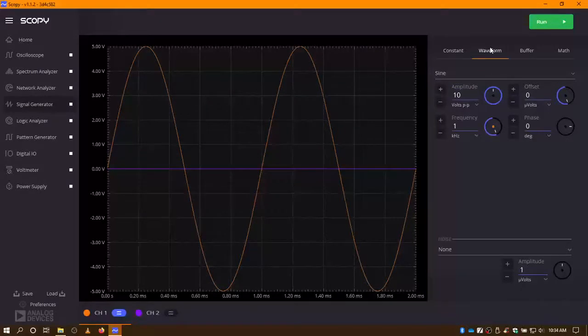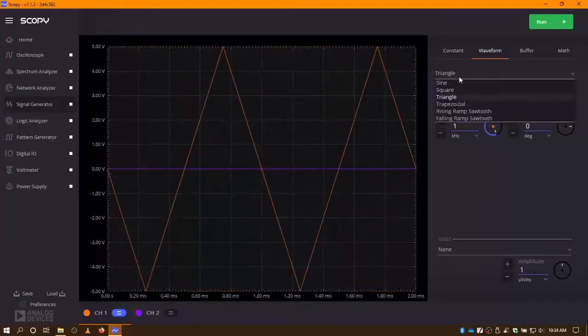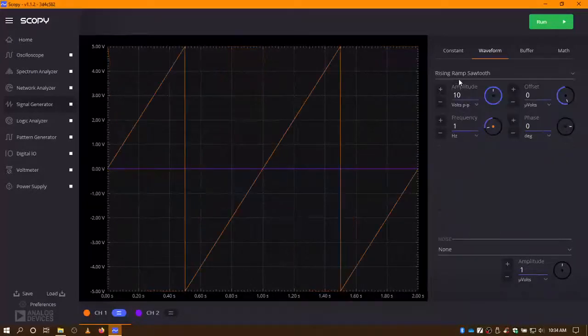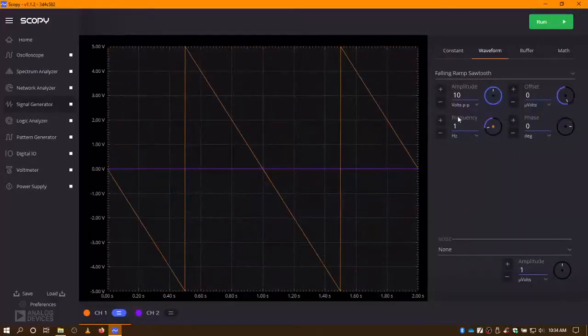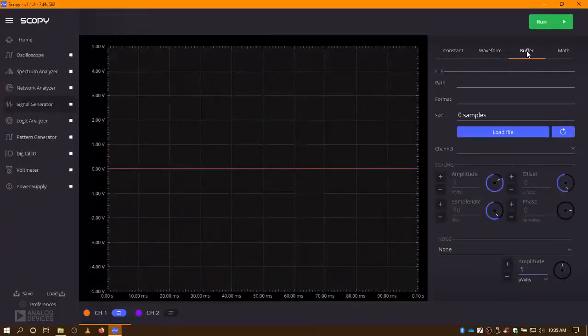Second choice is waveforms, which is pretty much standard. You can get a choice of a sine wave, square wave, triangle wave, trapezoidal wave, rising sawtooth, and falling sawtooth waveforms. For us, I'm going to leave it at sine wave. The third choice is buffer. With buffer, you can actually read in a wave sound file.